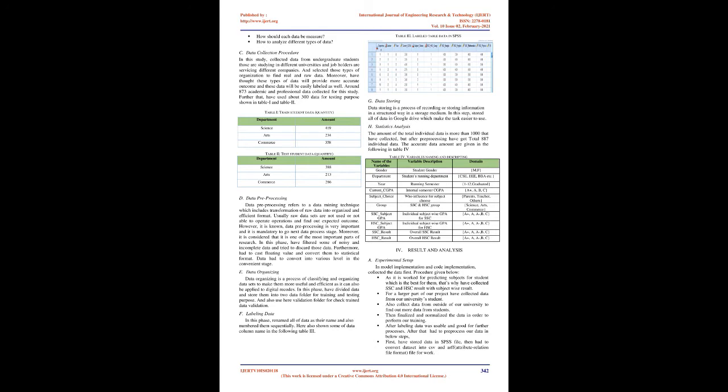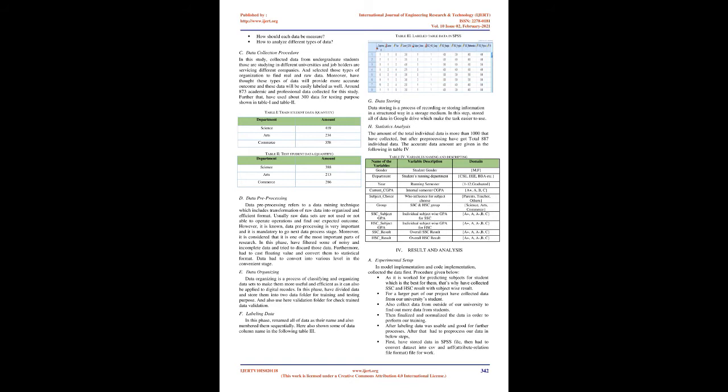Data pre-processing. Data pre-processing refers to a data mining technique which includes transformation of raw data into an organized and efficient format. Usually raw data sets cannot be used to operate and find the expected outcome. However, it is known that data pre-processing is very important and mandatory to go to the next data process stage.